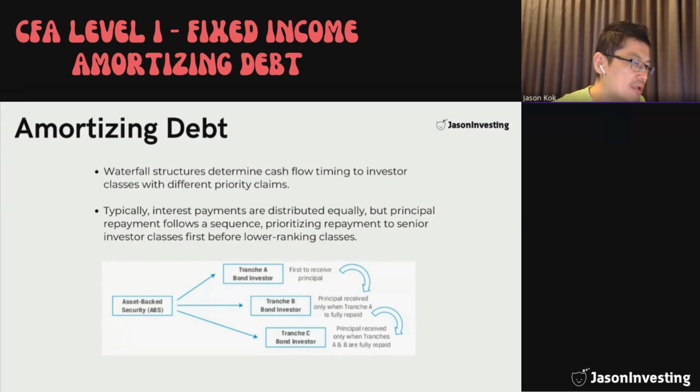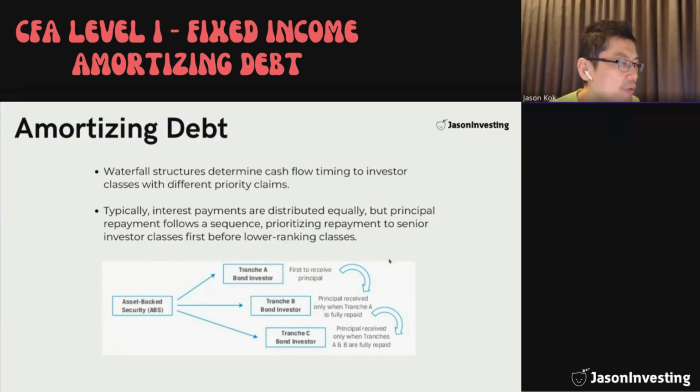For example, the first to receive the principal will be tranche A, followed by tranches B and C. And this will result in different interest rates and different qualities and characteristics of the tranches. This will become clearer in the future.